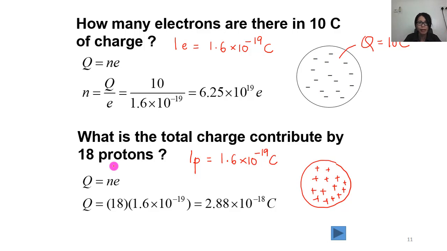Q will be the number of protons, which is 18, times the elementary charge contributed by one proton or one electron, 1.6 times 10 to the negative 19. When we do the calculation, we will get the total charge contributed by 18 protons as 2.88 times 10 to the power of negative 18 coulombs. This is how we use the equation Q equal to NE.